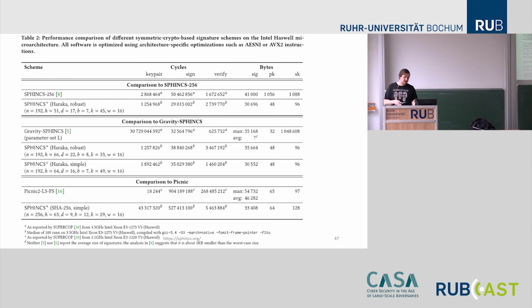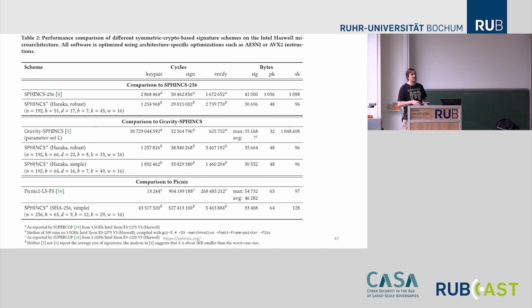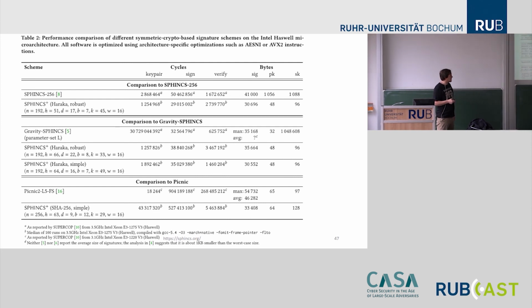One advantage of Picnic that we have to admit is that, because you've got this identification scheme structure, you can build all these kinds of special signatures from this. Like if you want to do group signatures or something like this, you will not get this from Sphinx. That's something that might be possible from Picnic.